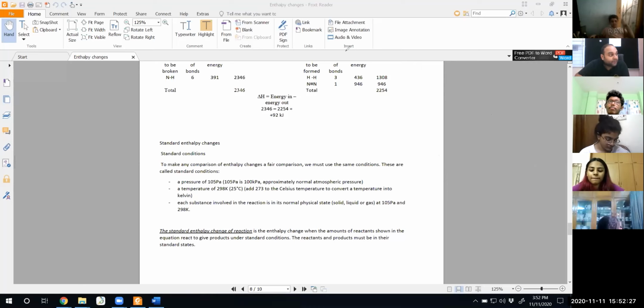But remember in chapter 5, that formula PV equals nRT, there the temperature should always be taken in Kelvin. Why? Because we are not measuring the change. We are basically measuring the temperature.